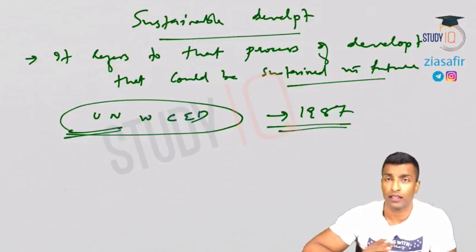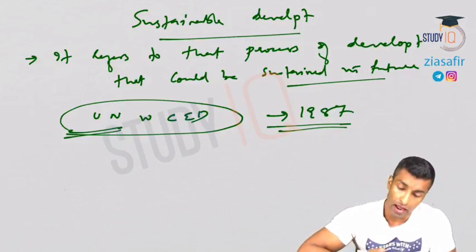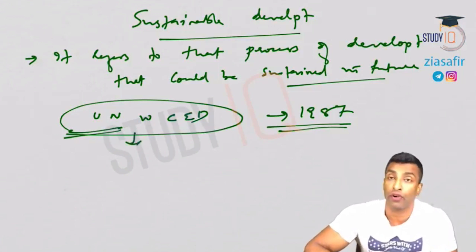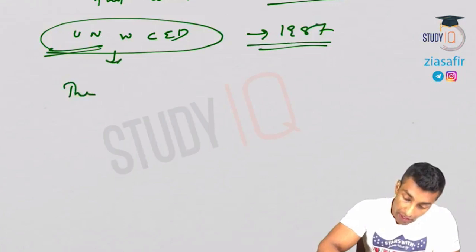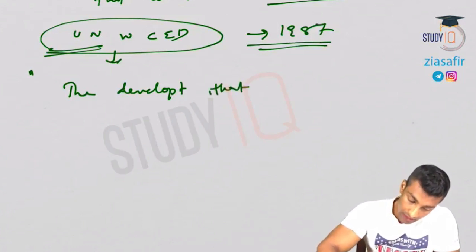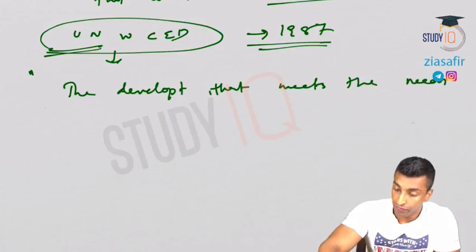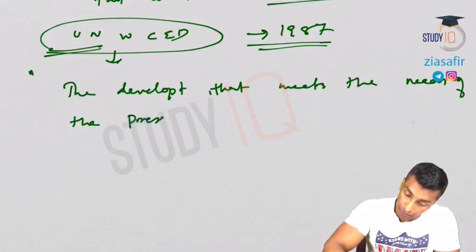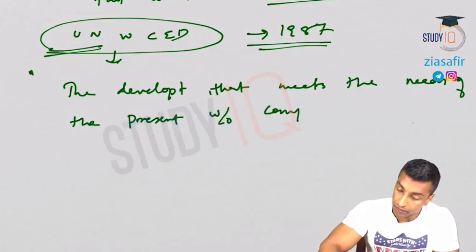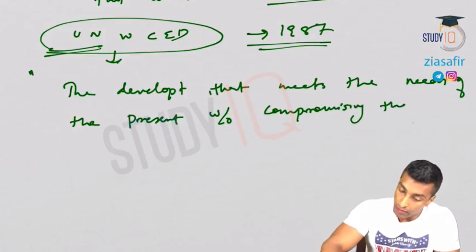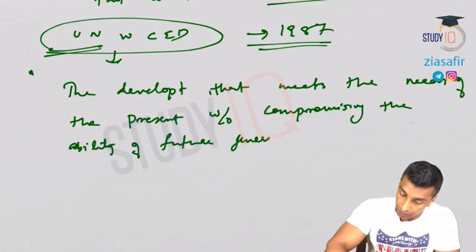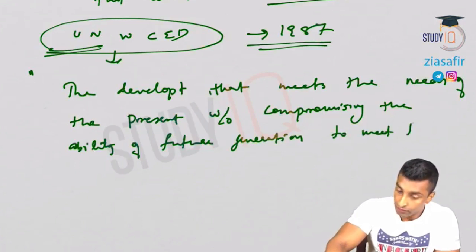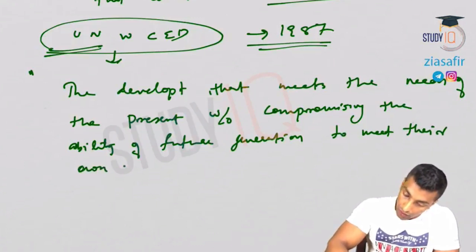In 1992 also there was another very important one, the Earth Summit, which is more important. But in 1987, in their report, the Brundtland Commission defined sustainable development as the development, a very important and famous definition that you can use, the development that meets the needs of the present without compromising the ability of future generation to meet their own needs.